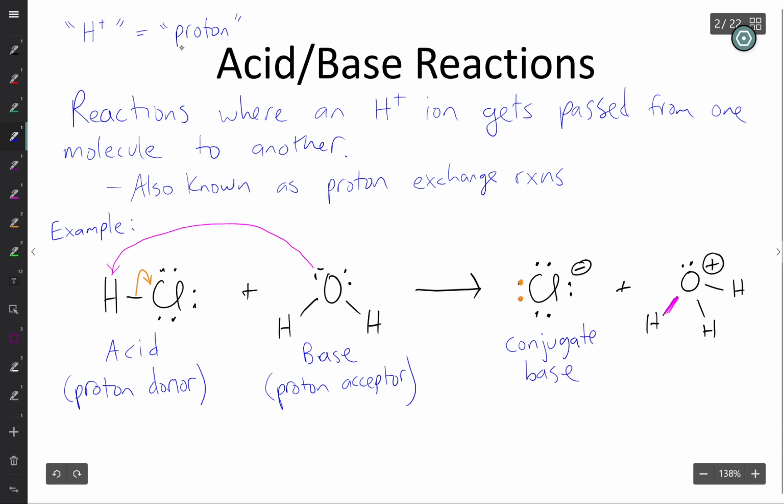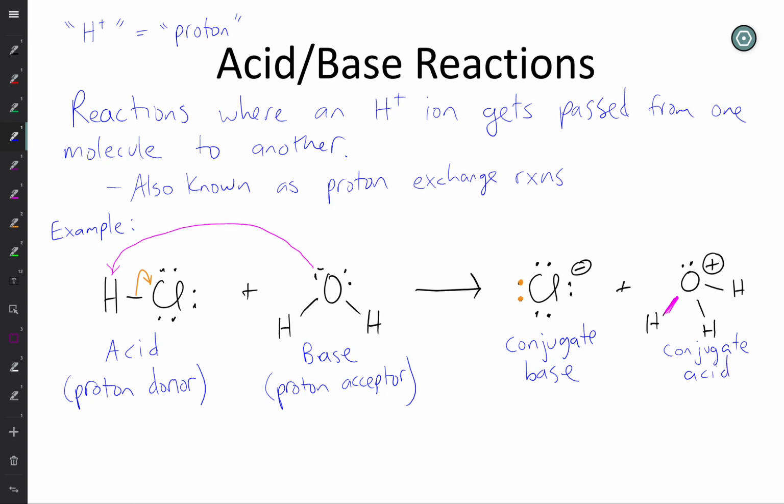And then H3O plus in this case would be called the conjugate acid. So in general, every acid-base reaction is like this. You have an acid that gives up a proton, a base that accepts a proton, and then you form the conjugate base that now has lost the proton, and the conjugate acid, which is the thing that has gotten the proton.